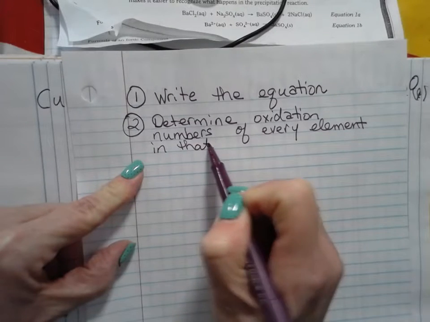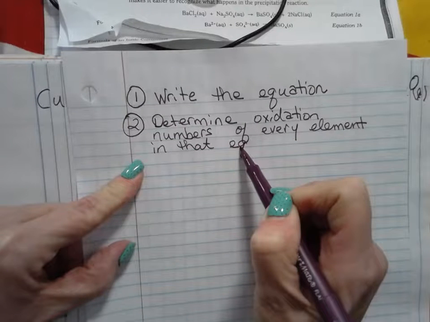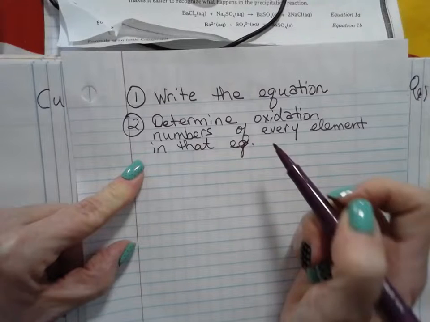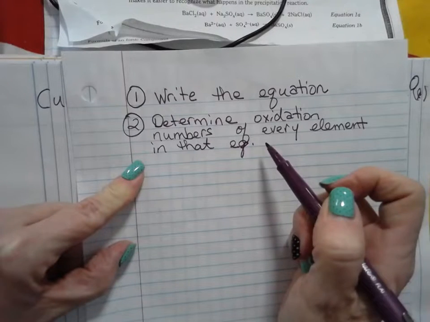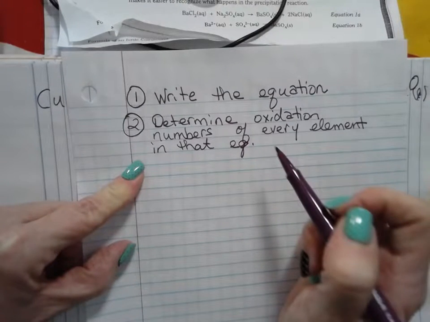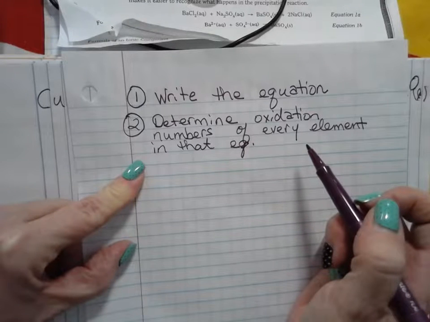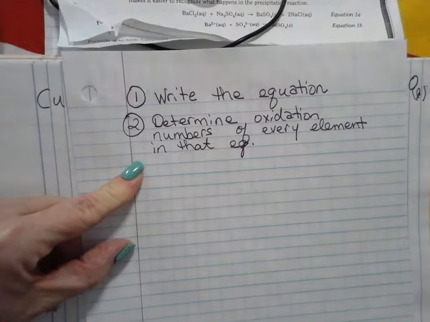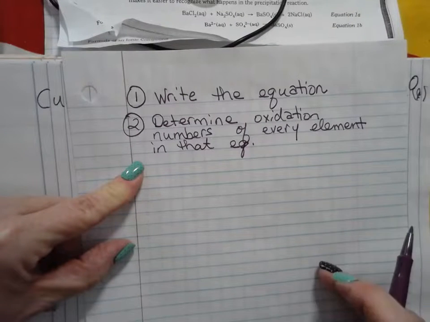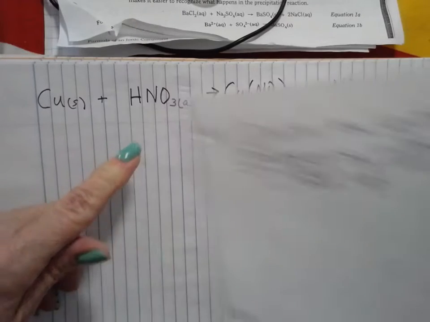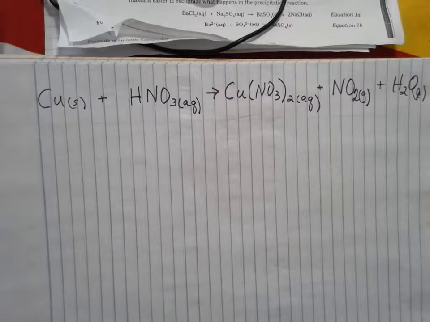So would it include polyatomics? It will. Okay? The reason is because you've got to figure out what changes oxidation numbers. And so you're not going to know that unless you go through and find every single oxidation number. And when you get good at it, you can look and tell probably automatically, but right now we're not there yet, so we got to do every one.